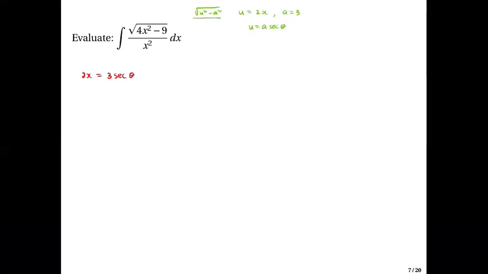And then you see, if we square it, so 2x quantity squared, that's your 4x squared. You'll get 9 secant squared theta. So square root of 4x squared minus 9 is equal to square root of 9 secant squared theta minus 9.